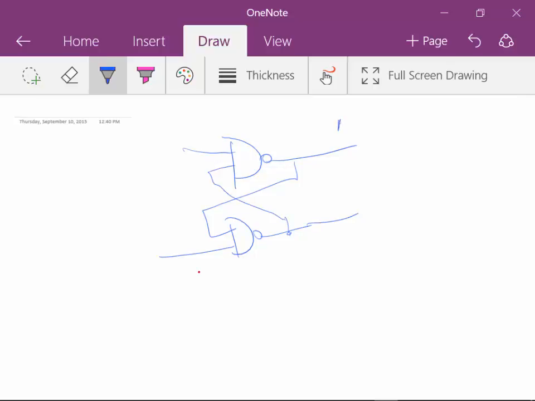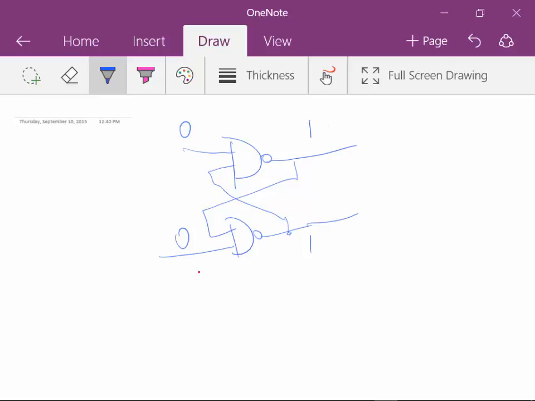We'll assume that it's in the state 1, 0 at this point, and we put 0 here and 0 here. If we put 0 here, that's going to put a 1 here. Remember that for this to be low, both inputs must be high.